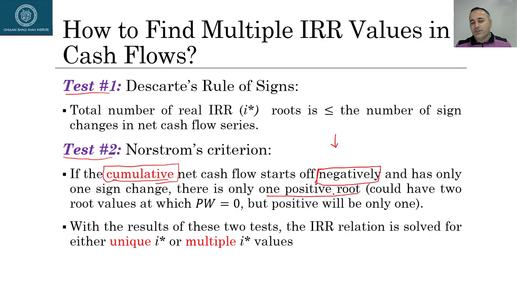Within the bracket it says that of course there may be multiple roots, but the positive will be only one, the others will be negative. With the results of these two tests, the IRR relation is solved for either unique interest or multiple interests.